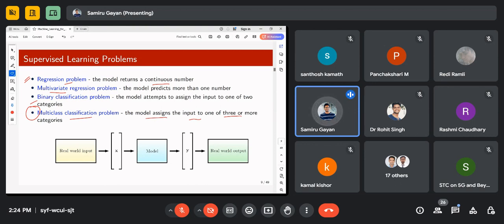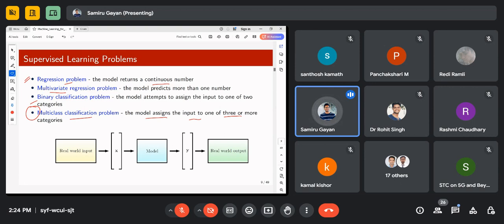For example, if we transmit a QPSK symbol and ask the machine learning model to predict which symbol has been transmitted, then you have four options to select. So it's a simple multi-class classification problem. We'll see those examples later, but these are the four main categories that come under supervised learning.